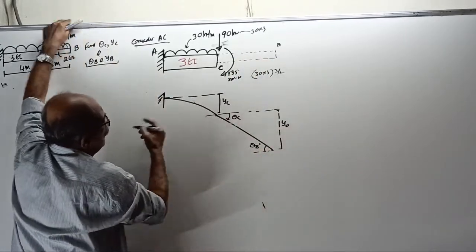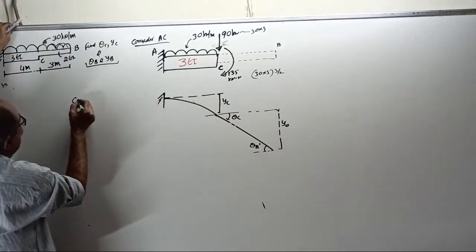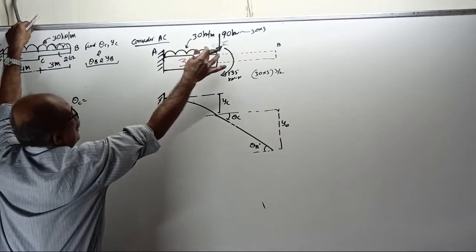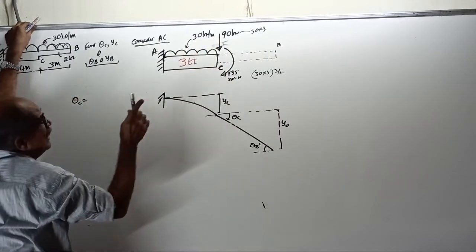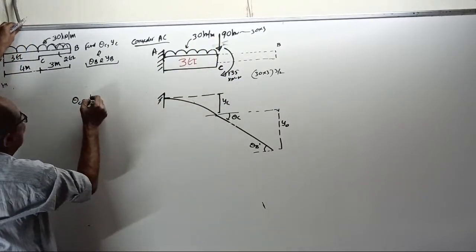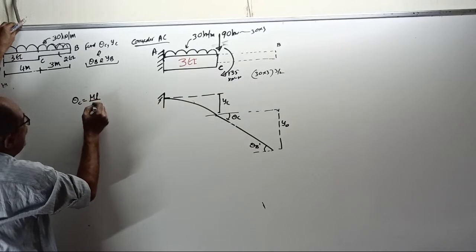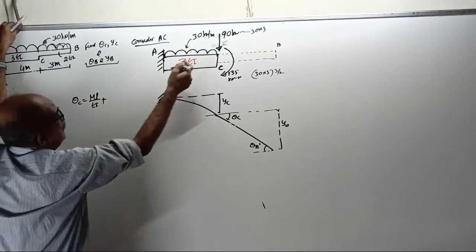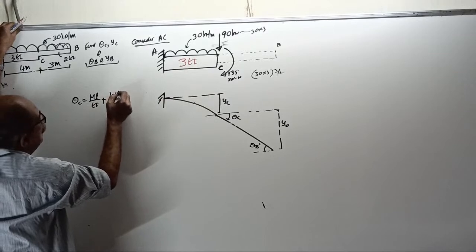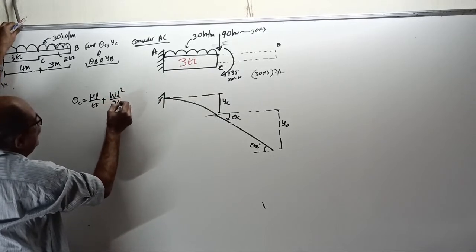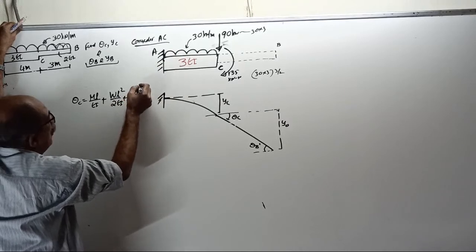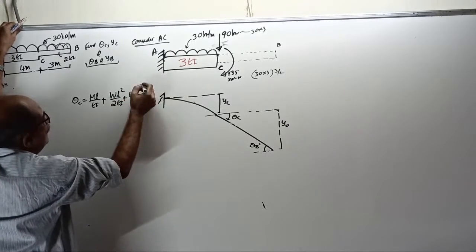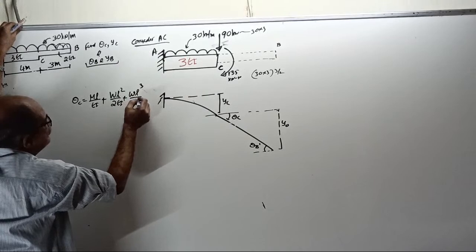Start one by one. Theta C equals the cantilever formulas for couple, point load and UDL, in that order: for couple ML by EI, for point load WL square by 2EI, and for UDL WL cube by 6EI.